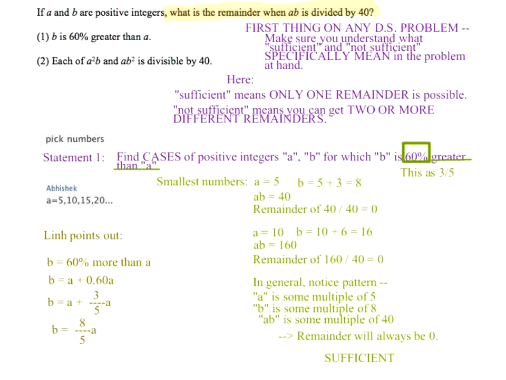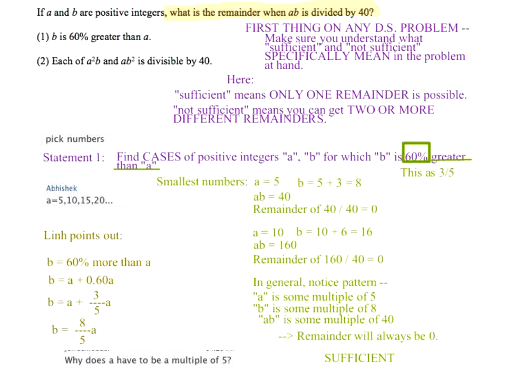Jen says, why does A have to be a multiple of 5? Well, again, this is why testing cases is your friend. If you don't test specific numbers, then you have this problem where you have to immediately understand exactly why everything is a thing.